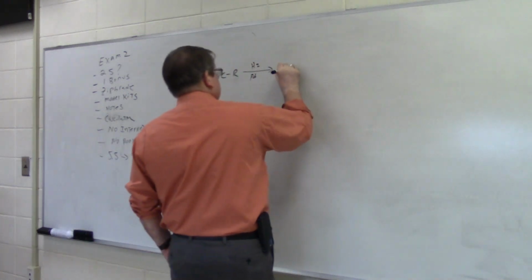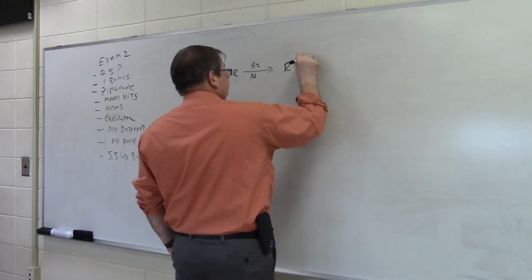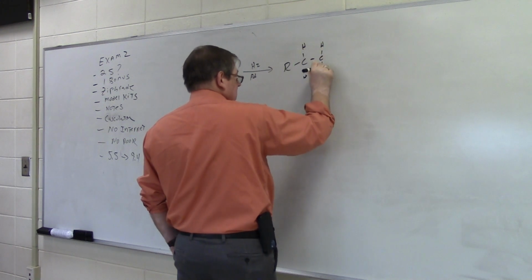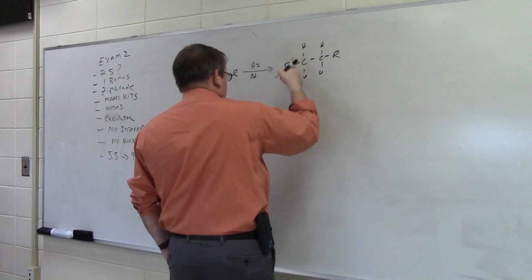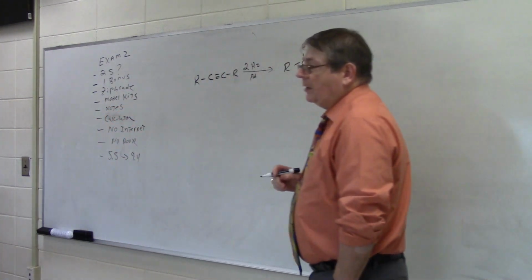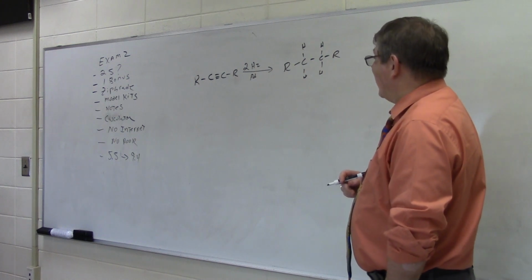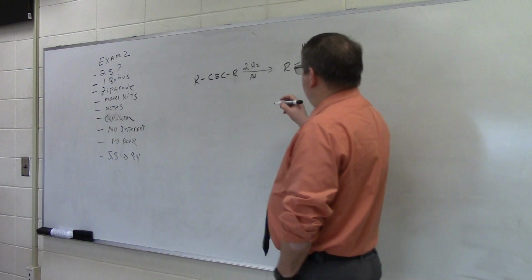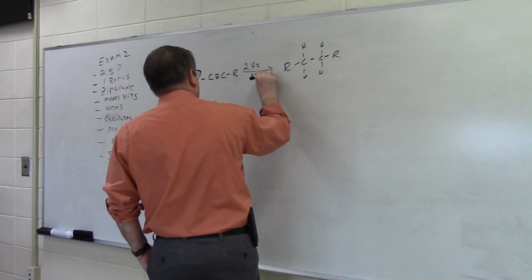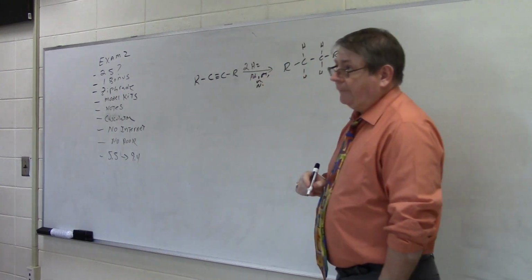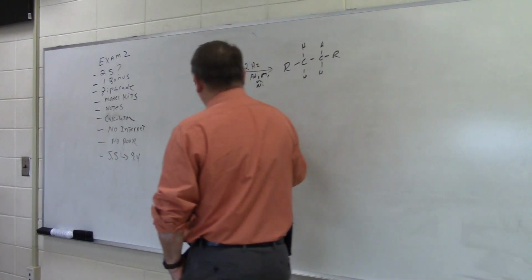And that will take you to the alkane. We actually need 2 moles of hydrogen at least, so keep everything balanced for every mole of alkyne. There are others, but those are the common ones that you all need to know about.